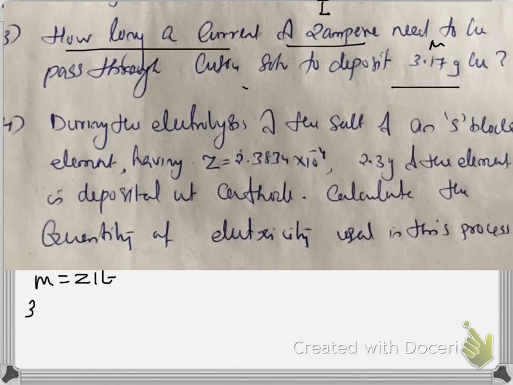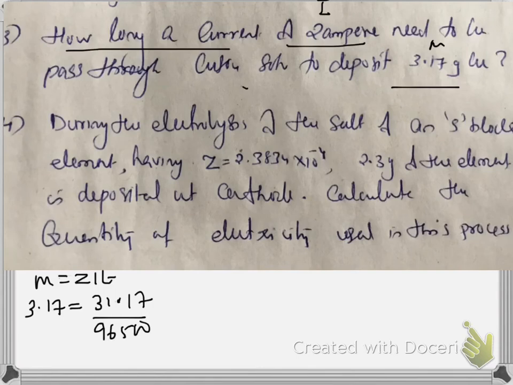M is 3.17 gram. Z is 31.7, that is the equivalent weight of copper, divided by 96500.